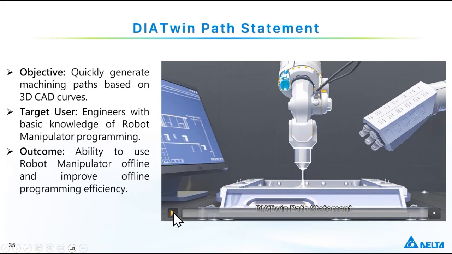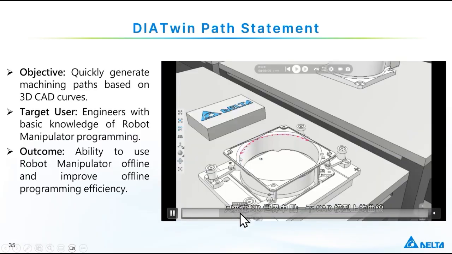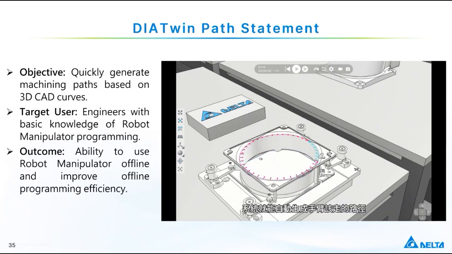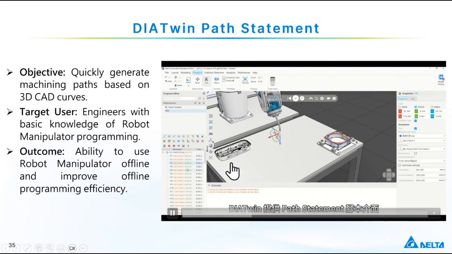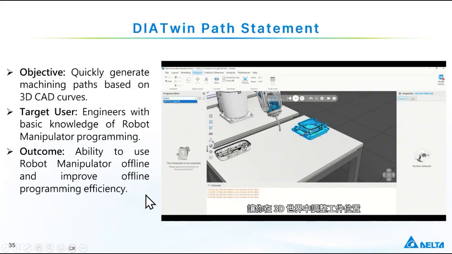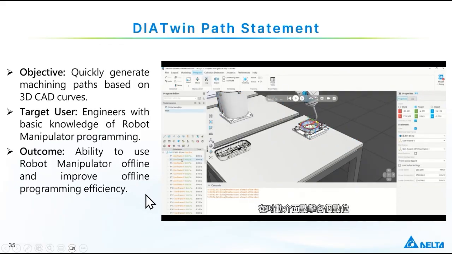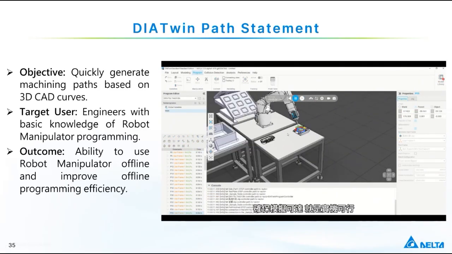This is a simple introduction. We are going to use this method to select the point or the curve in the 3D world and then generate the robot movement with this feature. So we don't have to teach the points one by one, and we can directly use this kind of CAM tool to generate the recipe.